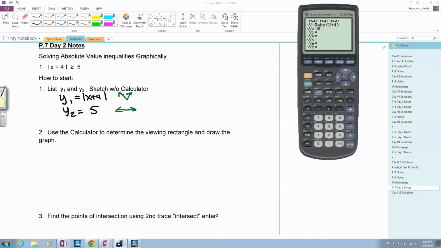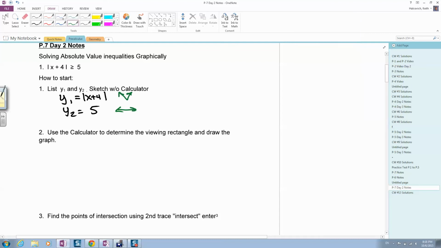And then the bottom one is 5. Then you're going to go zoom 6 for standard window. And notice you can see both intersections. So our domain is from negative 10 to 10. Our range is also from negative 10 to 10.